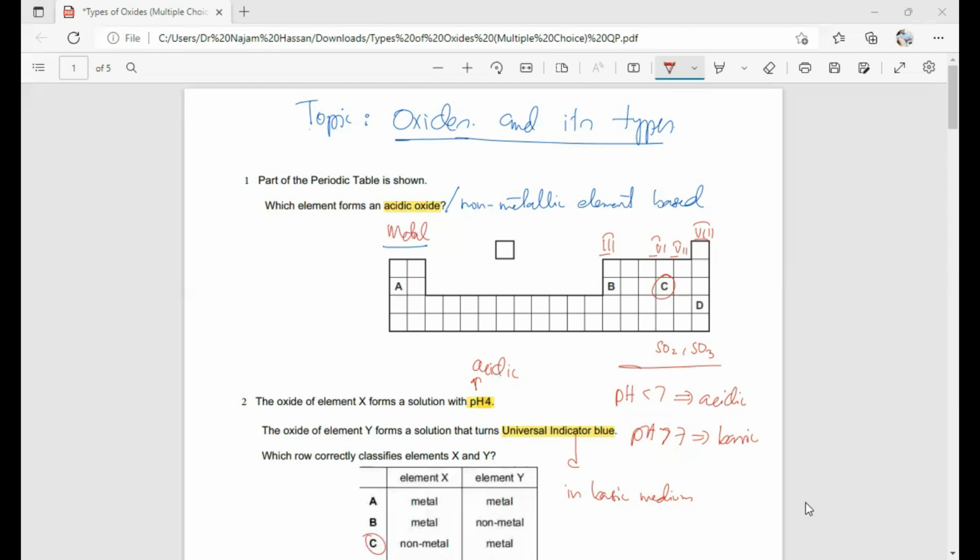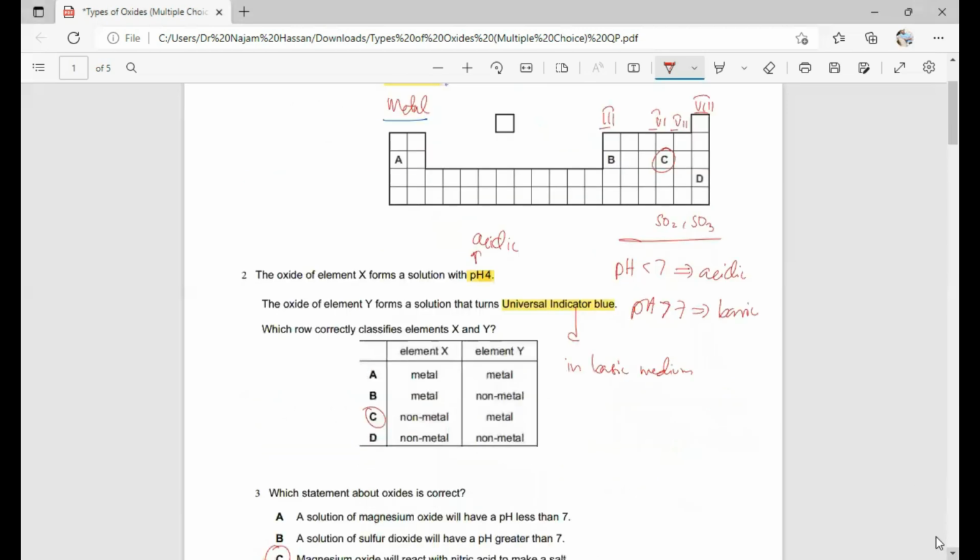Now, once we move to the second question, the oxide of element X forms a solution with pH 4. So what does it mean? pH 4 is acidic. And the oxide of element Y forms a solution that turns universal indicator blue.